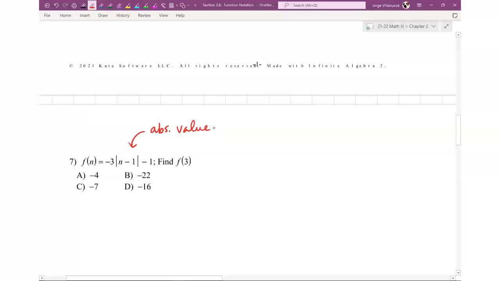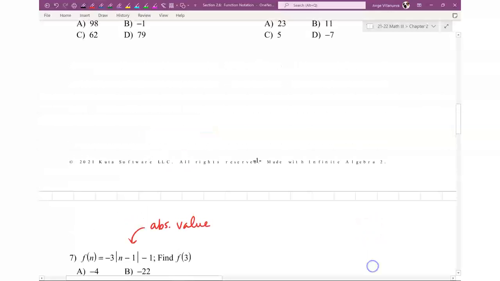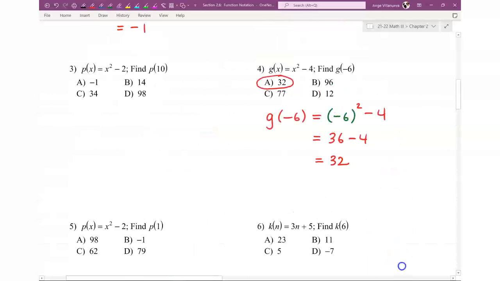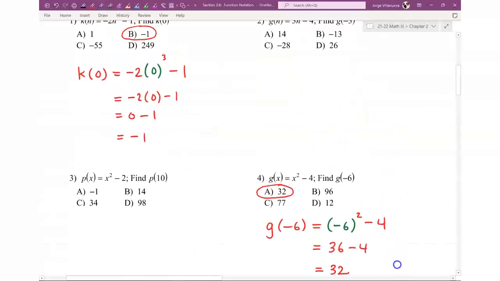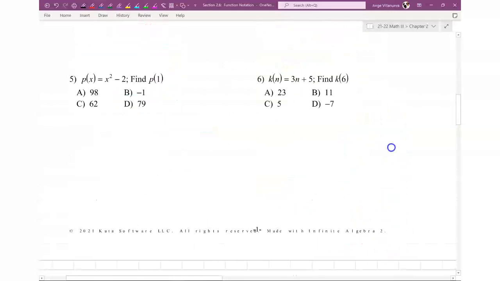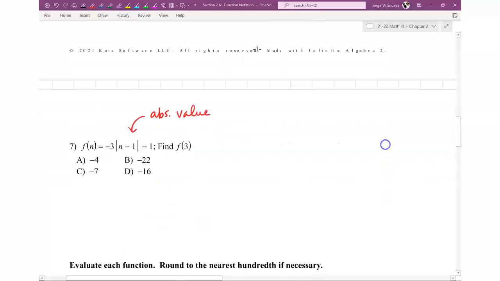So whatever number you get in there, you have to take its positive affiliate. So if you get like a negative 4, then make sure you write 4 instead. That's an absolute value. But I mean, you guys get the gist of this stuff, right? Just plug in a number and you're good. Okay. Same with number 7. You're just gonna plug in the number and you're good.